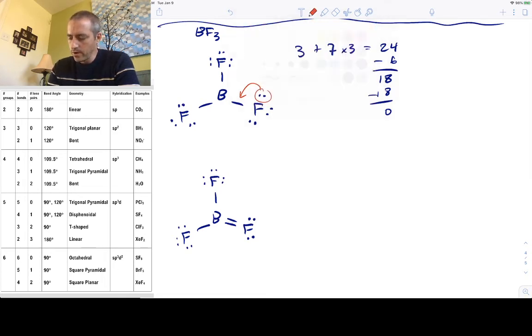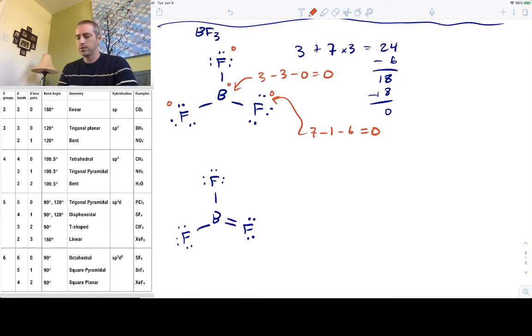If we go back to our original structure, I'm going to erase the red there, and we're going to do formal charges. That fluorine has 7 valence electrons off the periodic table, minus 1 bond, minus 6 electrons in lone pairs is 0. So all of the fluorines are 0. The boron has 3 valence electrons, minus 3 bonds, minus 0 electrons that are unshared is 0. So the boron is 0 too. Everything's 0.